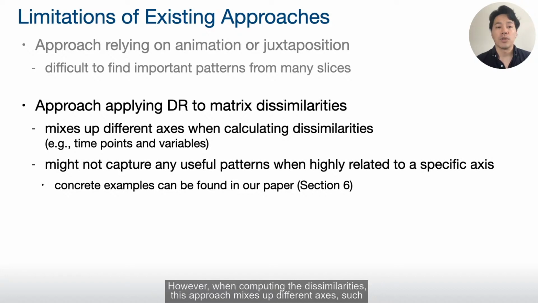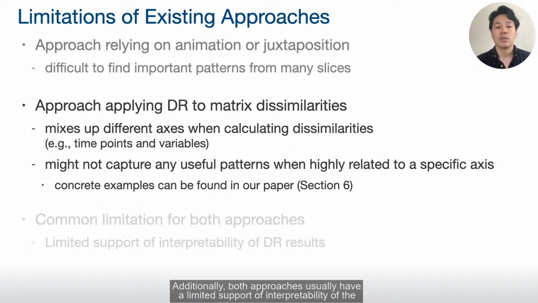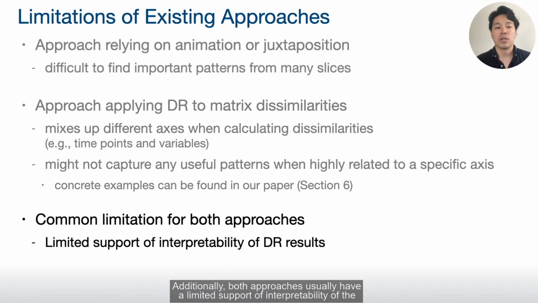However, when computing the dissimilarities, this approach mixes up different axes such as time points and variables. As a result, we might not be able to find any useful patterns that are highly related to a specific axis. For a concrete example, please refer to our paper. Additionally, both approaches usually have limited support of interpretability of the results.